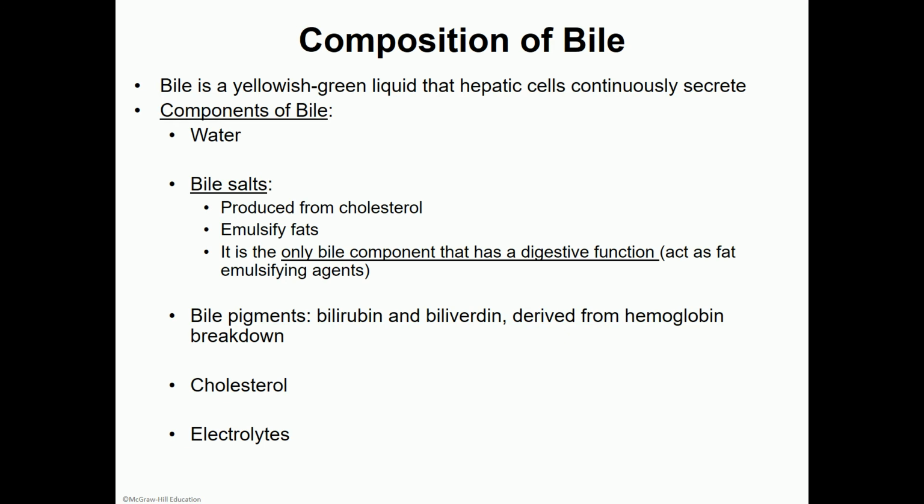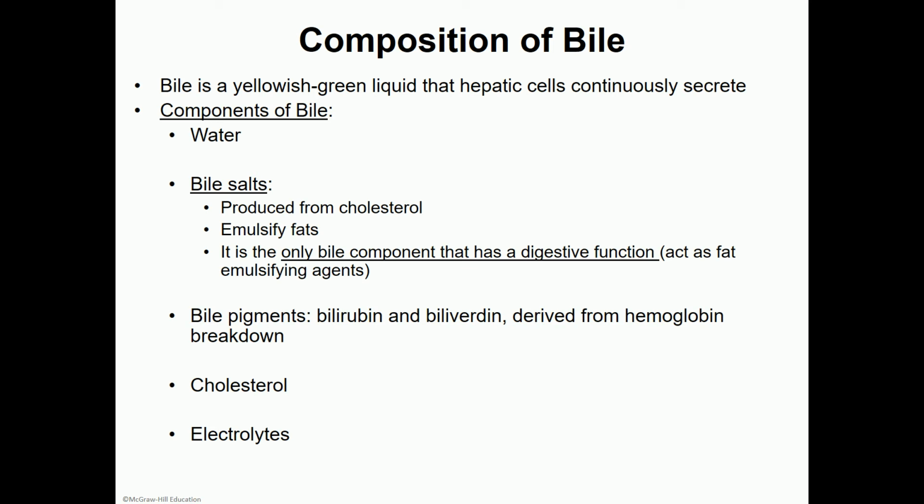Now that we know that hepatocytes make bile, what is the composition of bile? One thing to keep in mind is that we tend to always couple bile with the gallbladder. The gallbladder does not make bile. Even a person who has had their gallbladder removed is still making bile. The gallbladder is there to concentrate and store bile.